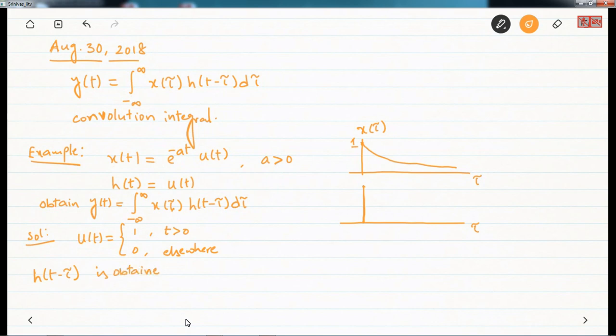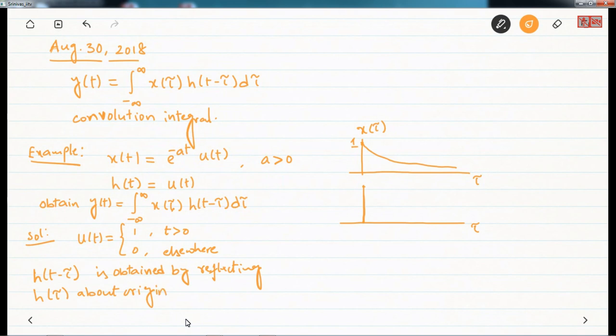H of t minus tau is obtained by reflecting h of tau about origin.